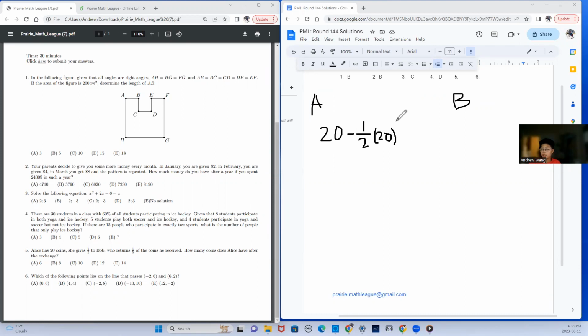And then she is returned a fifth of the coins Bob receives, which is the same thing as a fifth of the coins she's giving. So it's plus a fifth of the 1/2 of 20.